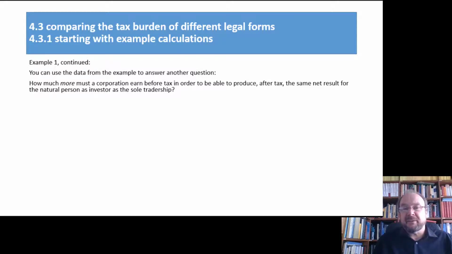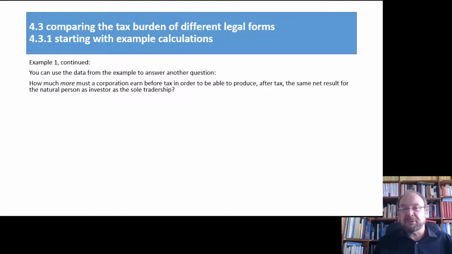For example, I could ask you, okay, now a corporation is taxed a bit higher than a sole tradership. That means how much money do I need to produce more before tax in order to compensate for the slightly higher tax rate?